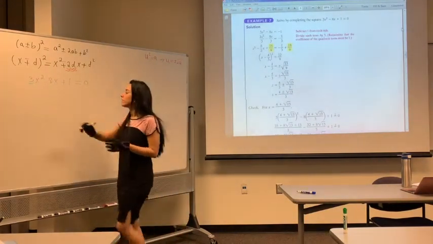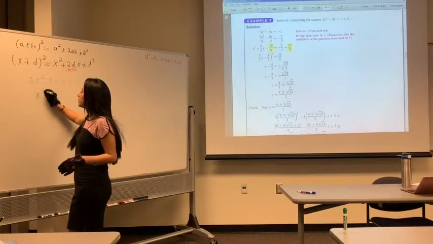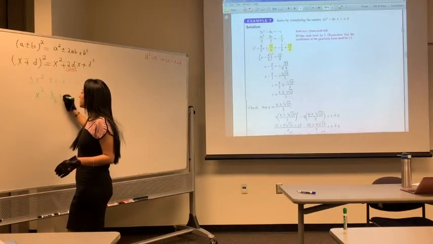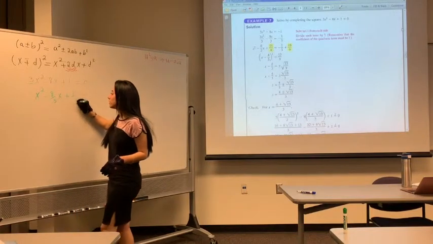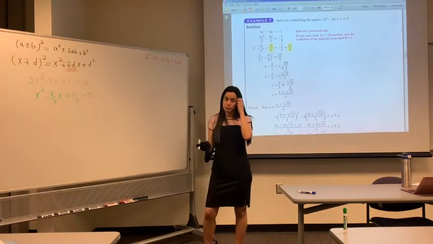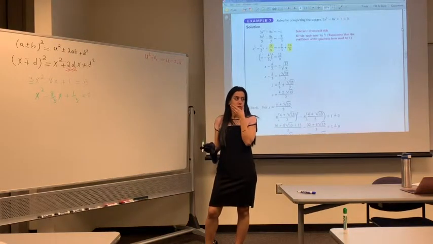If we divide all of them by 3, we will have x squared minus 8 over 3x plus 1 over 3 equals 0. Right?